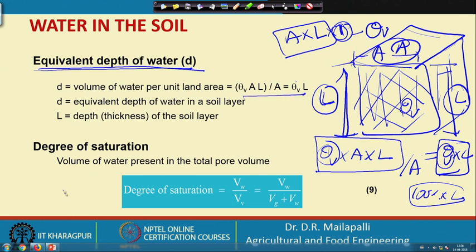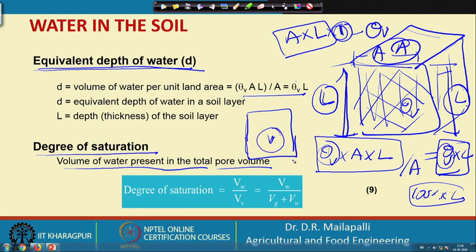Okay. And the degree of saturation is equal to the volume of water present in the total pore volume. Suppose the total volume of soil is V, and some portion is wet. The volume of water available divided by the total volume, not total volume, the volume of voids basically.